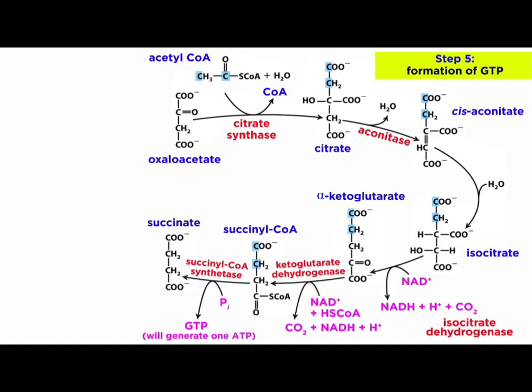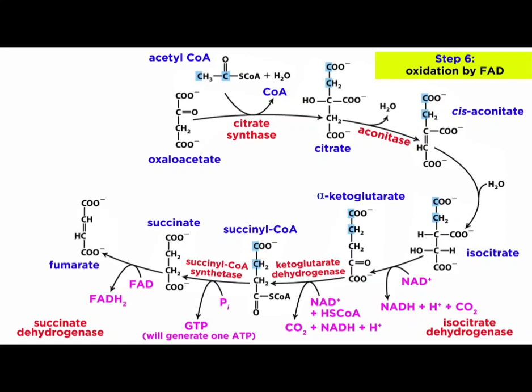Here one inorganic phosphate phosphorylates GDP into GTP, guanosine triphosphate. Now the succinate dehydrogenase enzyme utilizes the succinate substrate and removes two hydrogen atoms, and those two hydrogen atoms reduce FAD into FADH2. As a result of this reaction, we get fumarate.